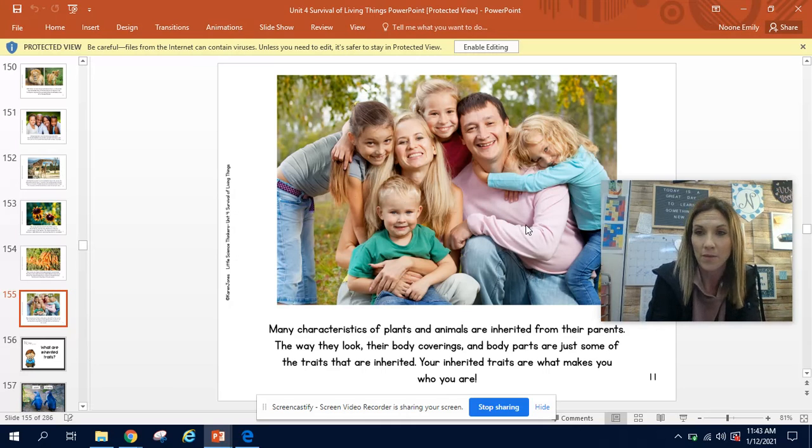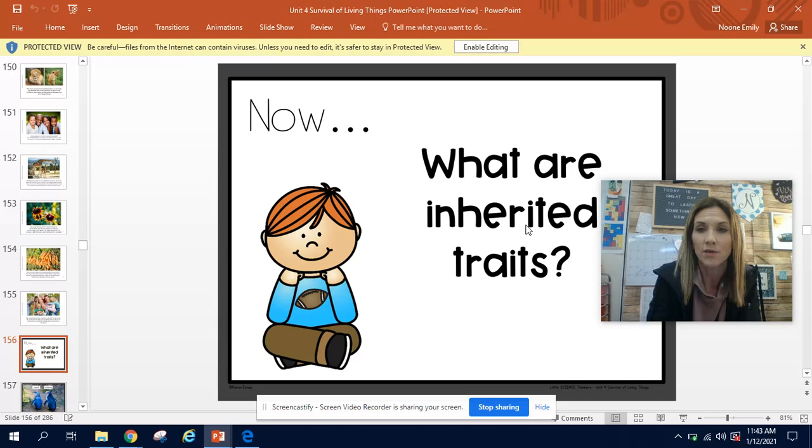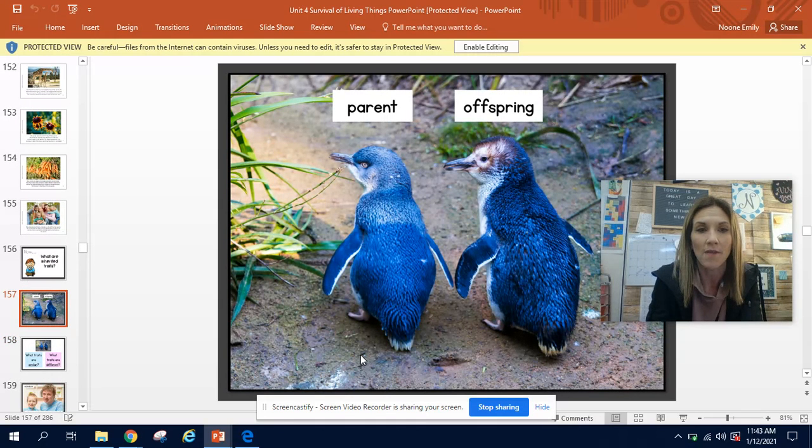Now that we've learned all of this, I'll ask the question again. What are inherited traits? Hopefully, you will be able to explain what inherited traits are, because that's what you're going to do next. I'm going to post this picture on the next slide. This is a penguin. The one right here is the parent penguin, and this one is the baby penguin.